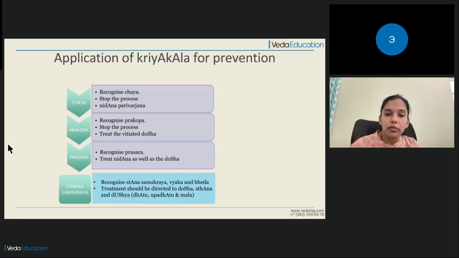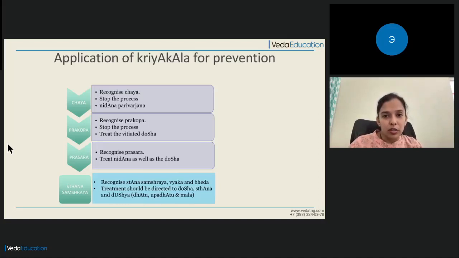So, gradually the amount of intervention goes on increasing, and from the next stage onwards, it is a proper disorder. And it goes on becoming more and more difficult and complex to intervene.